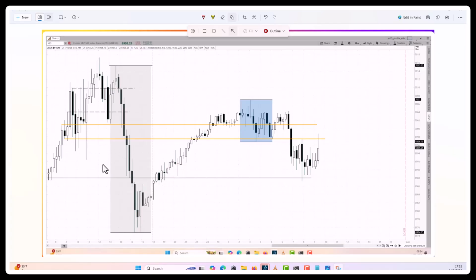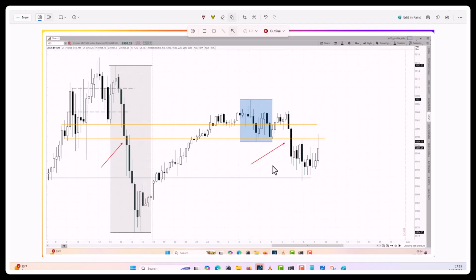So let's mark that level. You have a break to the downside 1 and 2 with a fair value gap, and then right before 9:30 you have a test from below. So it's gonna be a 4 breakout type 3 right here, the long setup. So let's mark that. All right, we have a long setup.